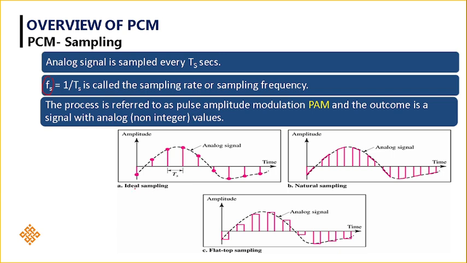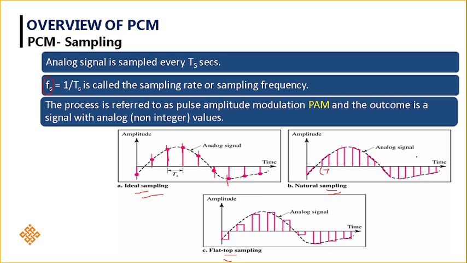There are three types of sampling techniques. One is known as ideal sampling, the other one is natural sampling, and the third is flat top sampling. Ideal sampling means that every Ts seconds, every fraction of a second, we sample the analog signal. Natural sampling is almost the same, where the sampling time compared to ideal sampling is somewhat less.